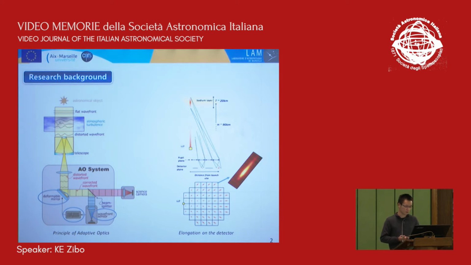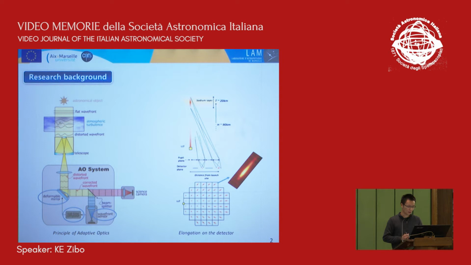It's often difficult for us to find a natural guide star, so we shine a laser up to the space. But this will bring a problem, because when the laser irradiates the sodium layer, which is 90 kilometers high and has a given width of 20 kilometers, the illuminated area is not a point source.